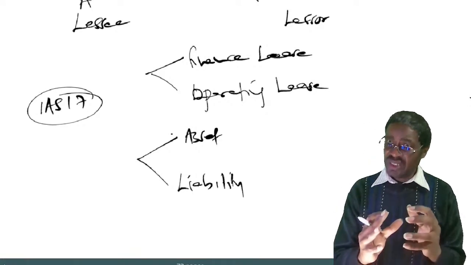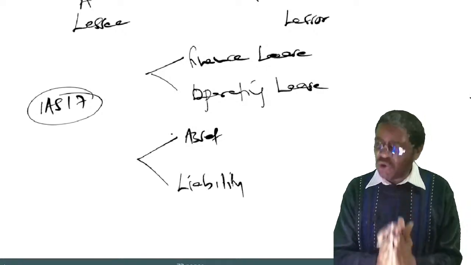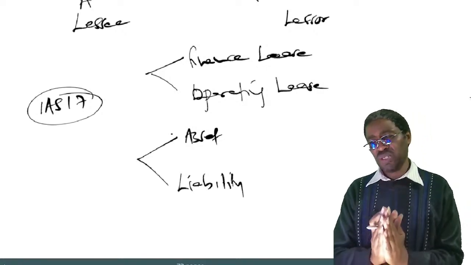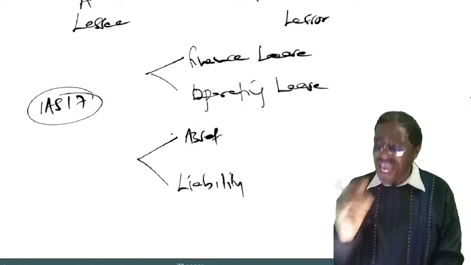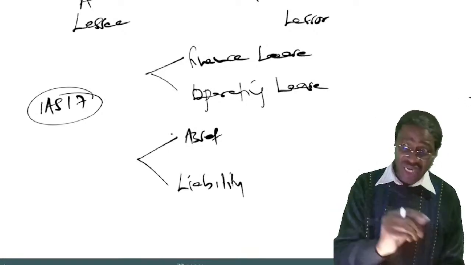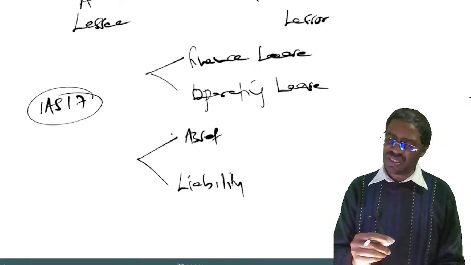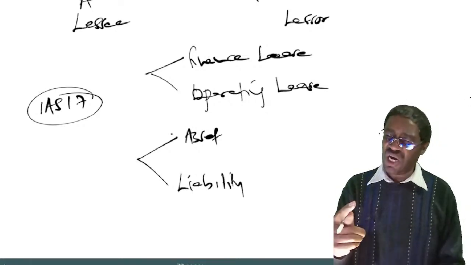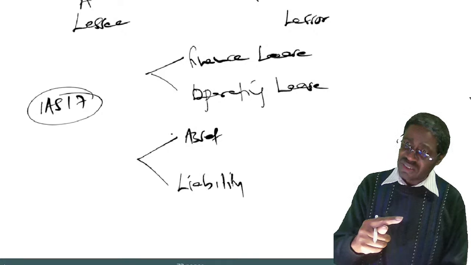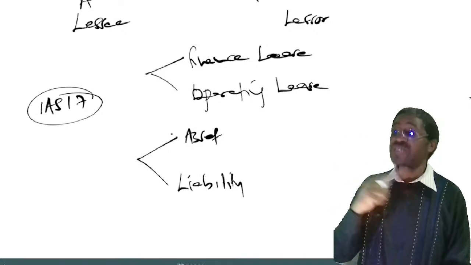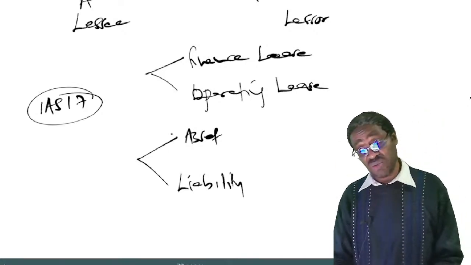Remember, when you lease that motor vehicle from General Motor, it gives you the right to use that asset. And that right of use makes you have an asset in your books.